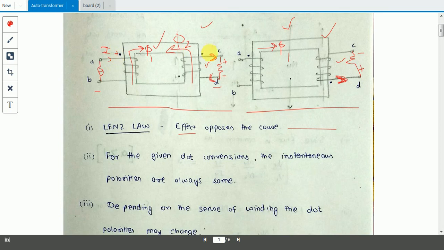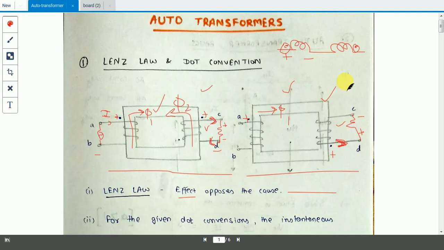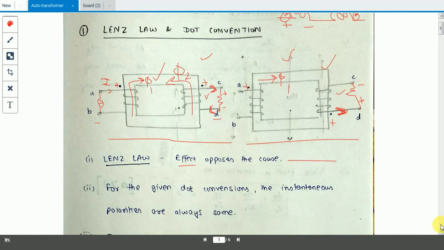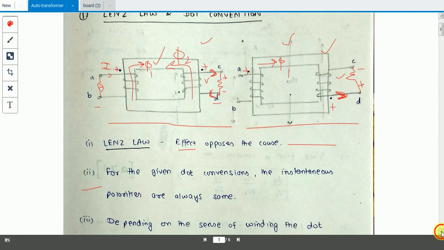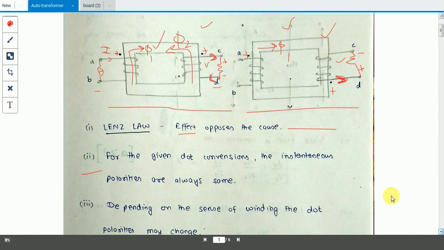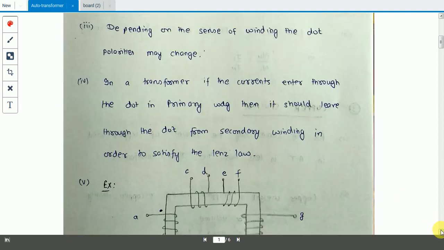According to the dot convention, the dot will come here because the polarity plus is here. Similarly this plus is here and the dot will come here because the positive polarity is here. The dot won't be coming here, because for the given dot convention the instantaneous polarities are always the same as written in the second part. Depending upon the sense of winding the dot polarities may change. That I have already shown you with examples 1 and 2.